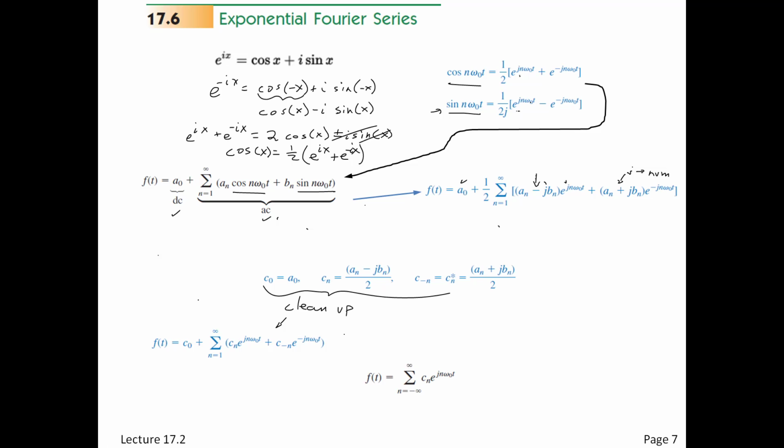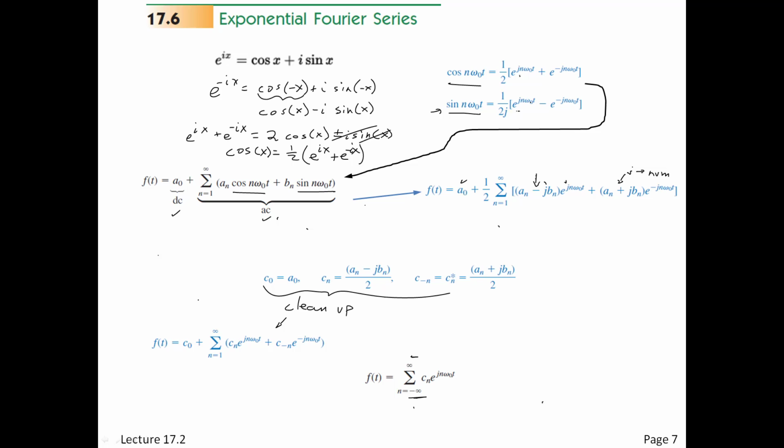So if we absorb the DC term by changing our limits here from minus infinity to plus infinity instead of from 1 to infinity, right? Then we've just moved, and the plus and minus on n isn't going to change the series.